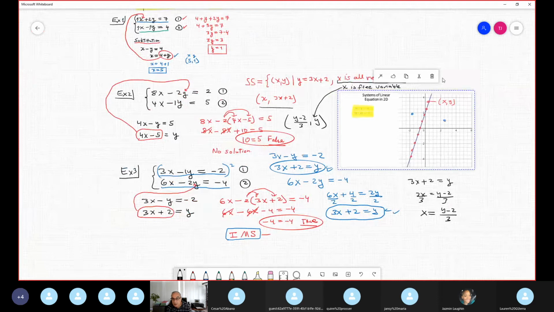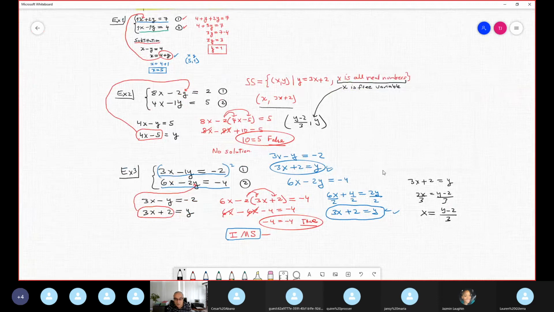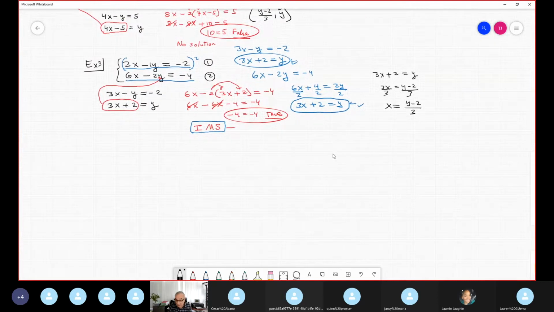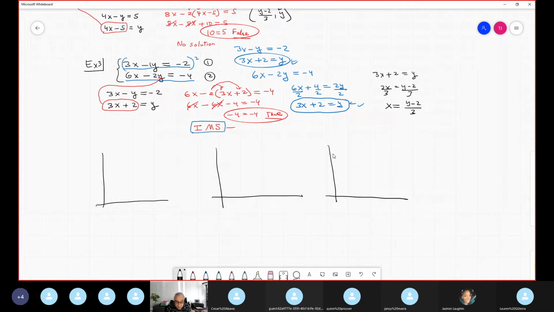Entonces, let me try to summarize the idea so far. We have three possibilities when solving a system of equations, regardless of the dimension. In this case we are working in 2D, but in 3D or multiple dimensions, we have only three possibilities. The first possibility is unique.